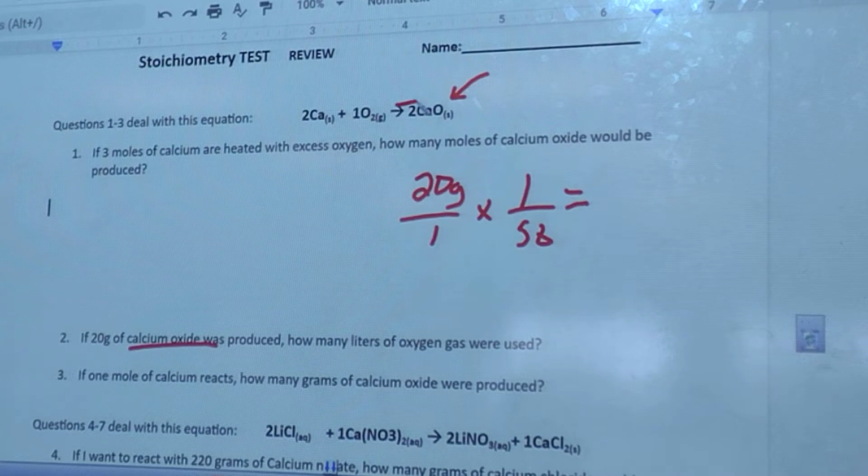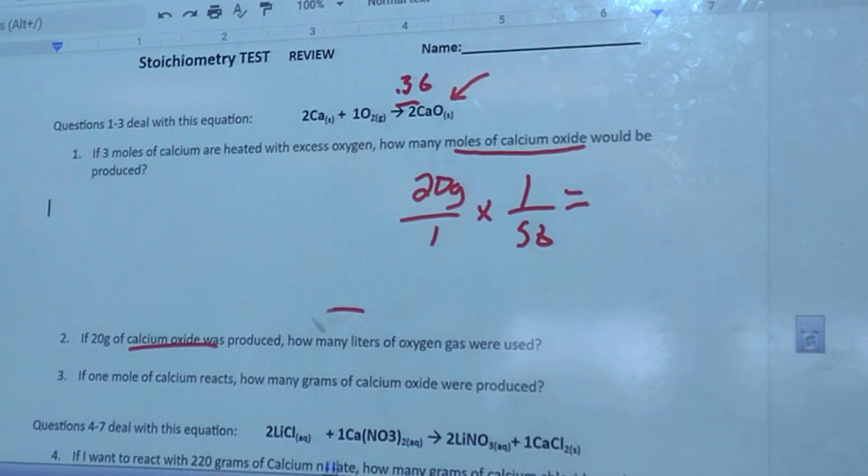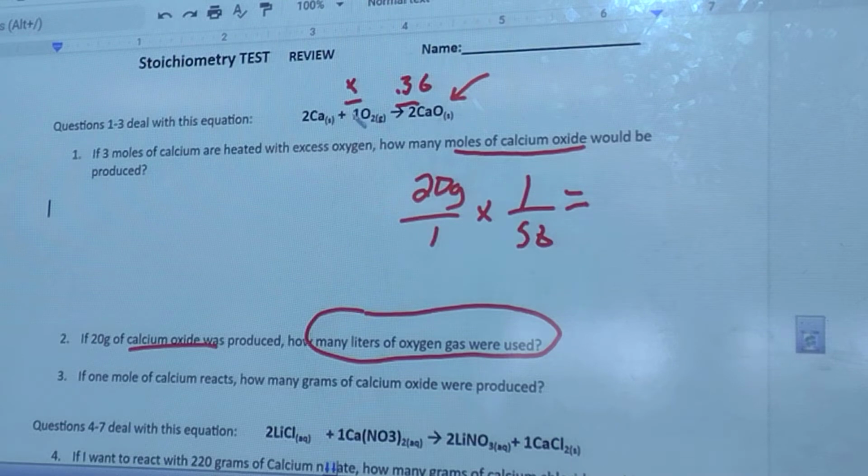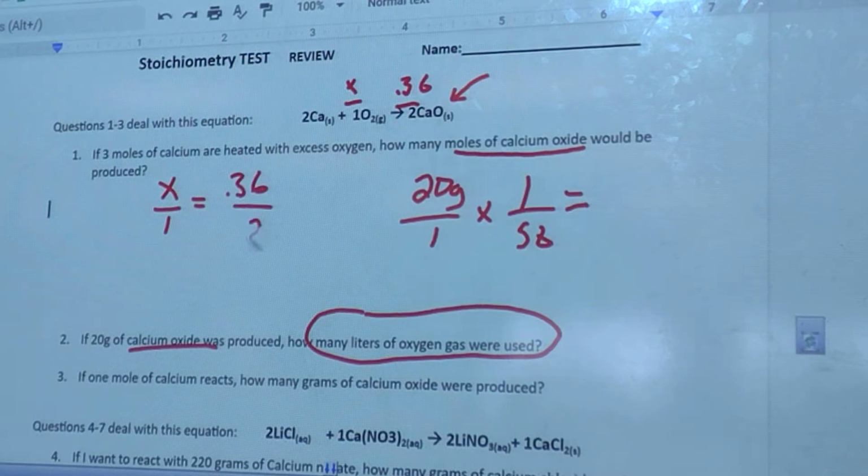So if 0.36 moles of this, how many liters of oxygen was used? X is to 1 as 0.36 is to 2. So we can write this. That X would be 0.18. But that doesn't get us there.